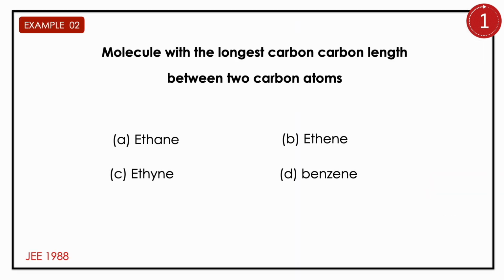Then the next example. Here you have to find the molecule with the higher bond length of carbon. The compounds are ethane, ethene, ethyne and benzene. You should find which carbon distance has the higher length.